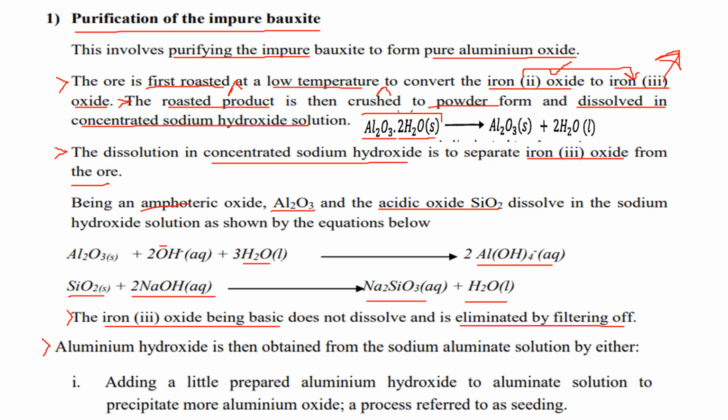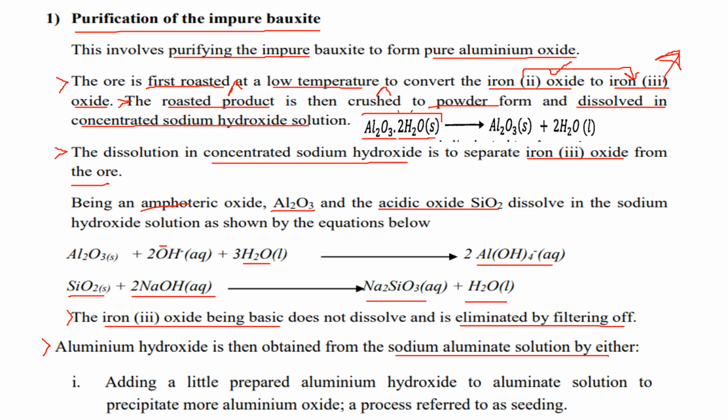And going on to the next thing, we are saying that aluminium hydroxide is then obtained from sodium aluminate solution. Now we obtain aluminium hydroxide in 2 ways. Either you can do it by seeding, or you can just pass a current of carbon dioxide gas.